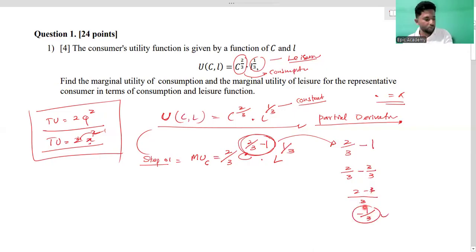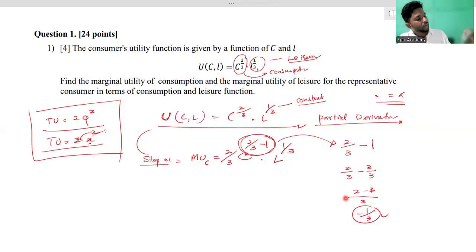If you have any kind of doubt about that one, you can utilize the calculator also. That means 2 divided by 3 is equal to 0.666. Then in your scientific calculator, press the minus value, that means answer minus 1. The answer is minus 0.3333.